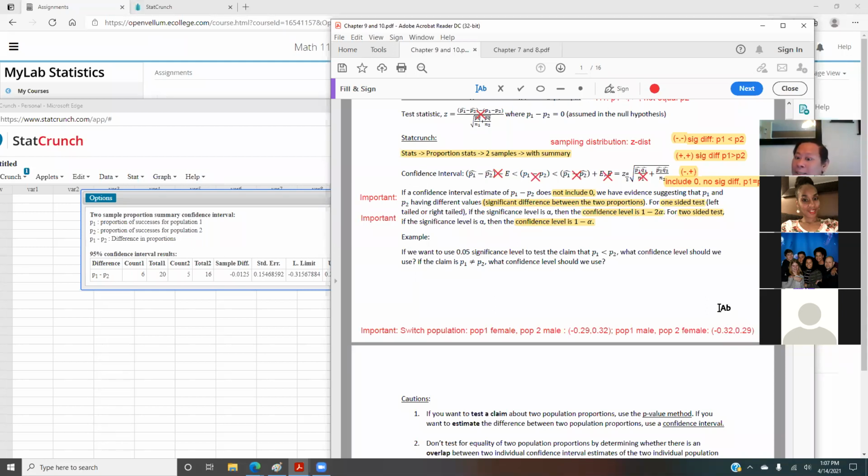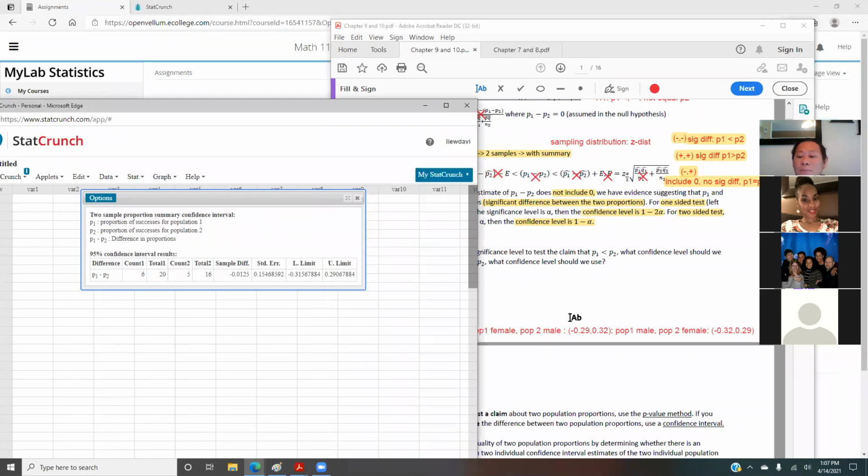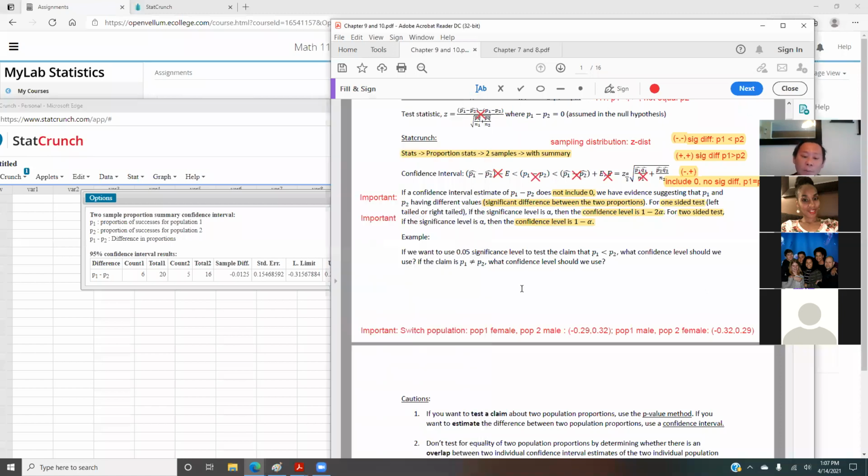Is that always like that, class? Yes, the answer is yes. And it also works for 9.2 and 9.3. So this is the third important thing: when you switch your population around, make sure that your confidence interval is switched and your sign is switched from positive to negative, negative to positive.